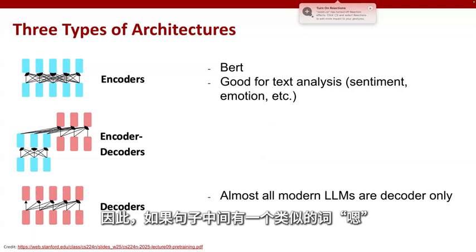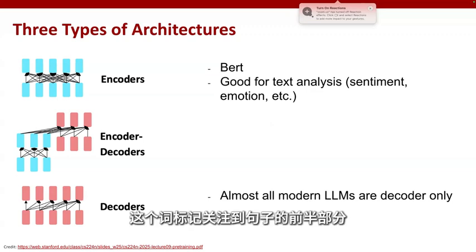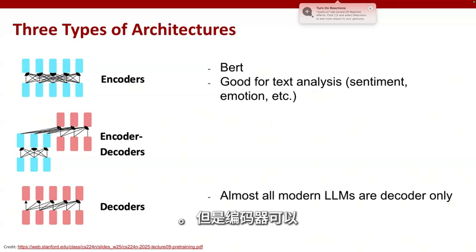So if you have a word in the middle of a sentence, the decoder can only attend to the first half of the sentence, but the encoder can attend to both sides, the second half and the first half of the sentence. And one famous encoder-only model is called BERT.